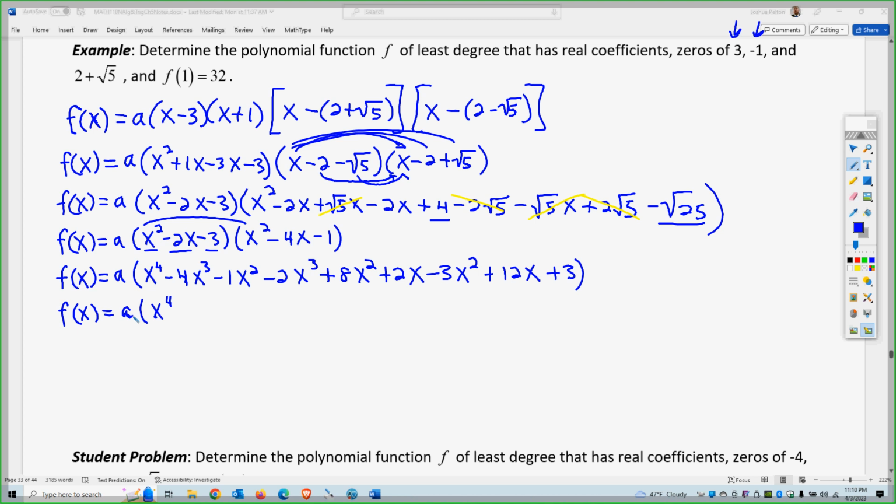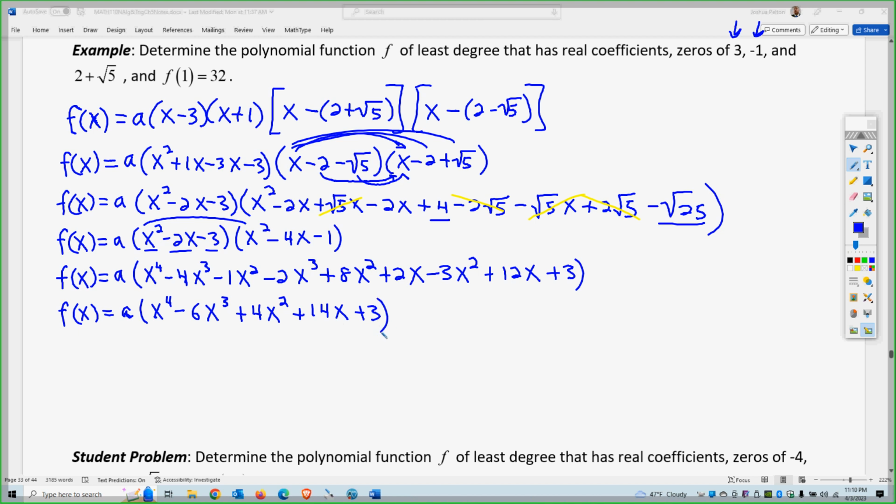Minus 4 and minus 2 is minus 6. If I look at the second power, I have 1, 8 minus 3, so that's plus 4, right? And if I look at the x's, I have 12 and 2 for 14. And then a plus 3 on the end. Okay, so that looks like our simplified form.